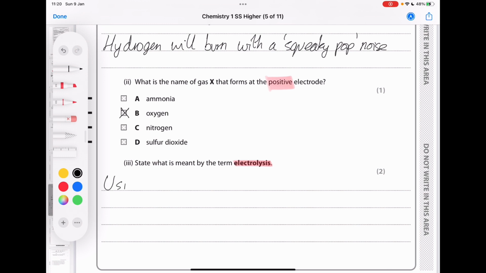So using electricity, or electrical energy, or flow of charge, anything along those lines, but electricity is the best option. To break apart, or decompose, or split up.